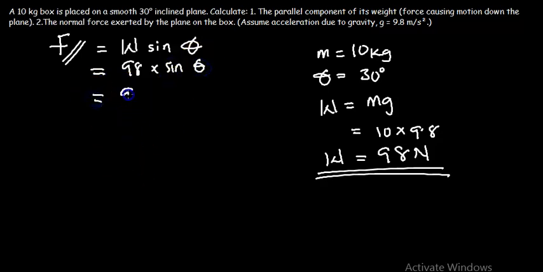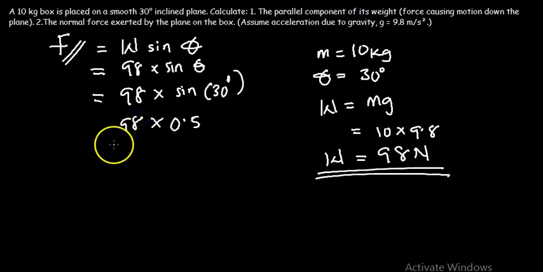So this is going to be 98 multiplied by sine of theta. What is the value of theta? The value of theta is 30 degrees. If you punch it on your calculator, sine 30 degrees is simply going to be 0.5. 0.5 multiplied by 98 is simply going to be 49 newtons.